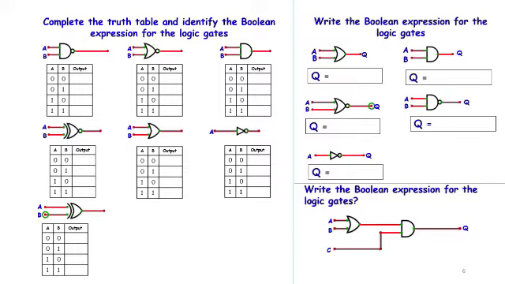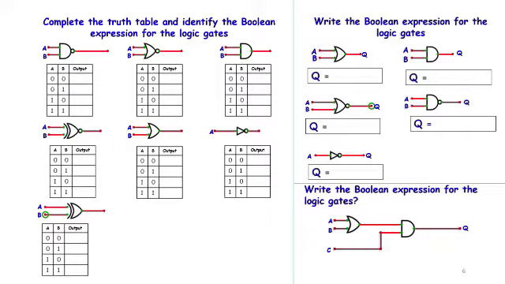We're coming to the truth table, and I've created these. This can stand as an exercise for us. Let's look at the following exercise. For example, this is how to draw a NAND gate. Complete the truth table and identify the Boolean expression for the logic gate. Now, I want to test your knowledge.